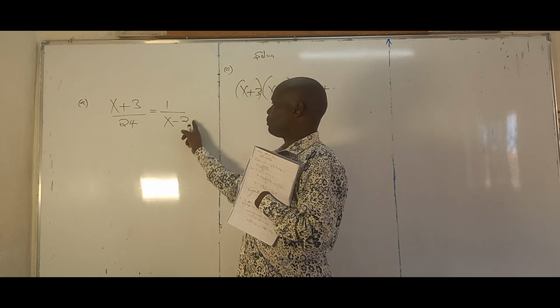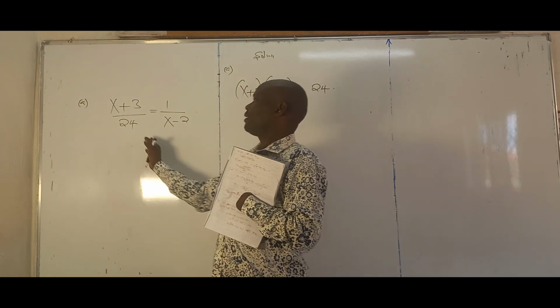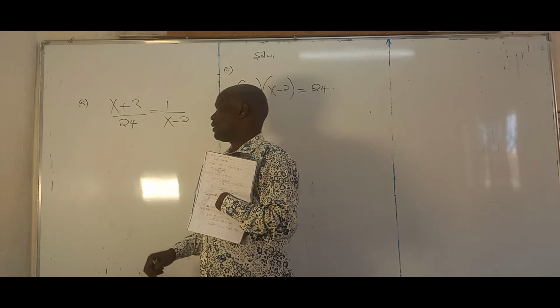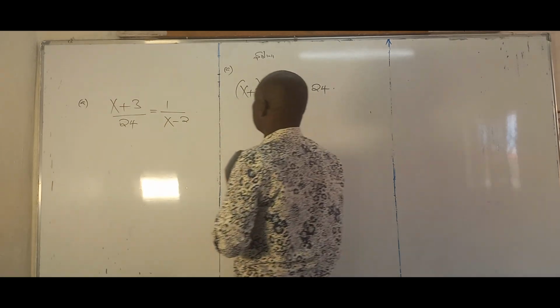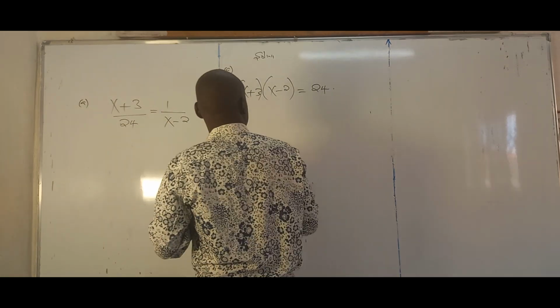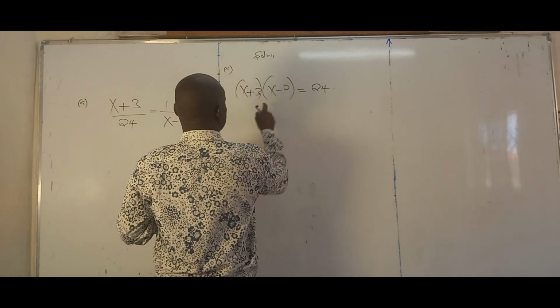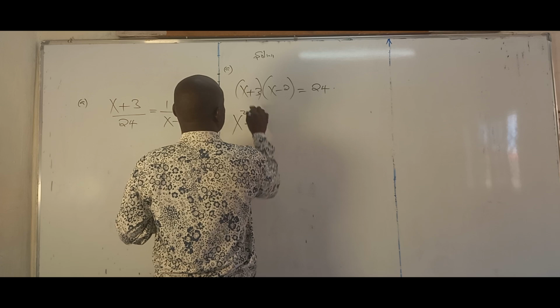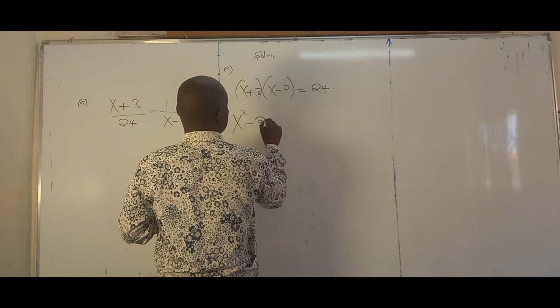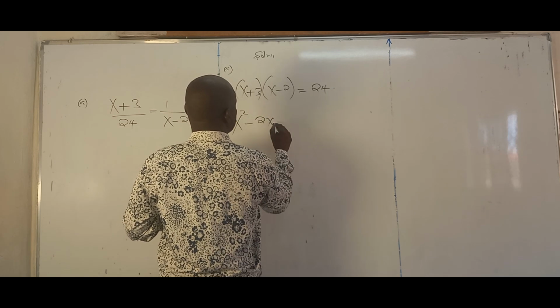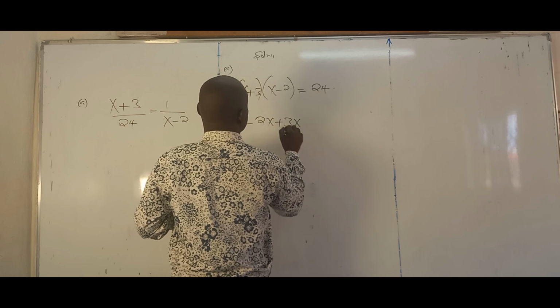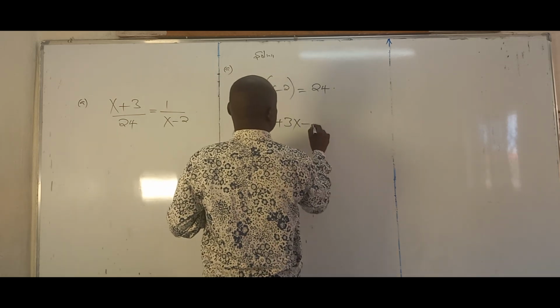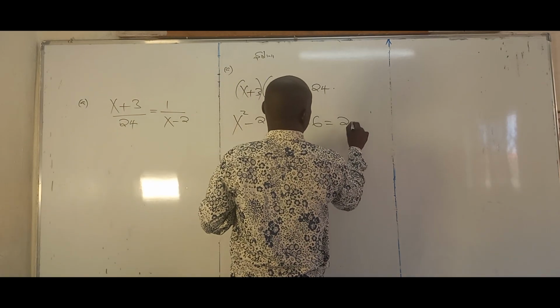That is having to multiply this denominator by the other numerator, and this numerator by the other denominator. So opening up the bracket, this gives me x squared minus 2x plus 3x minus 6 is equal to 24.